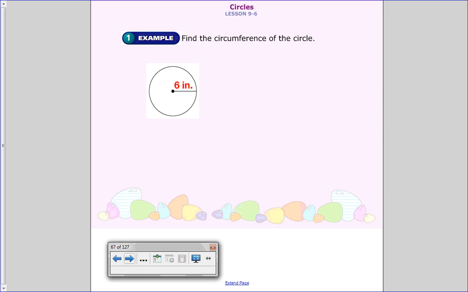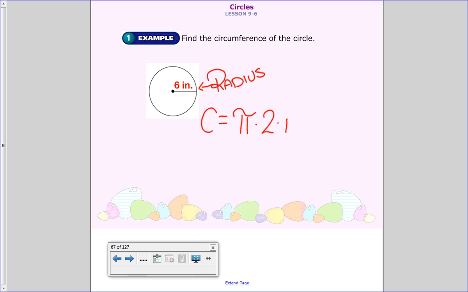Here, find the circumference of the circle. I'm looking at it, and I notice they give me the radius. So in order to find the circumference, I have to do 2 times the radius times pi. So 2 times the radius is 6, so I have 12 inches times 3.14.